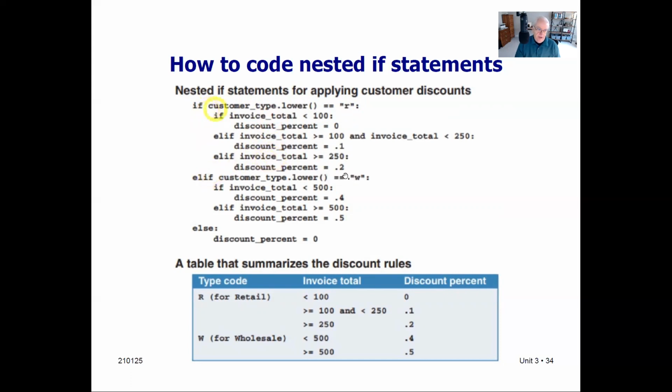Else if, because if this is false, then we still have to change that W to lowercase, be consistent here, keep that customer type lowercase for this evaluation. If well, you can just see it here, it's a different set of discount rules for a wholesale customer, and else the discount's just going to be 0, because if you're not an R or a W, no matter what the case is, you get no discount.